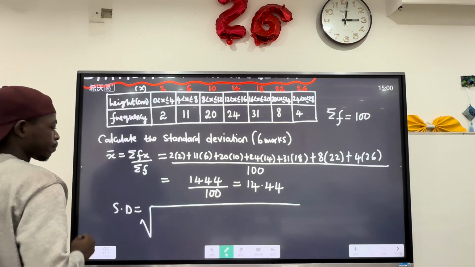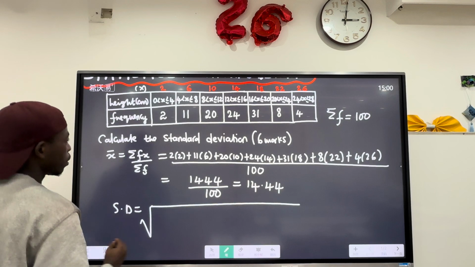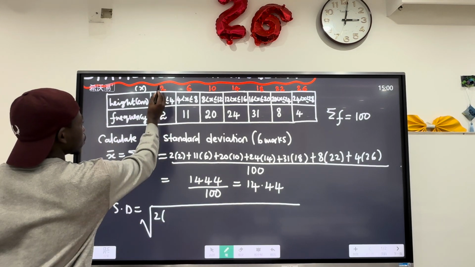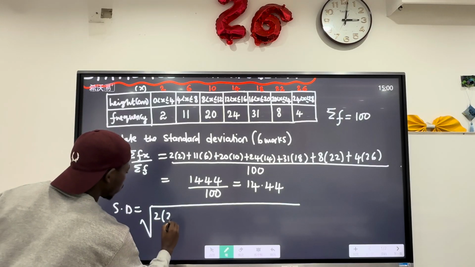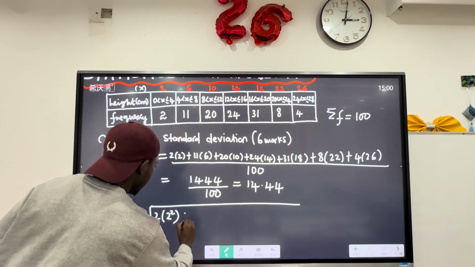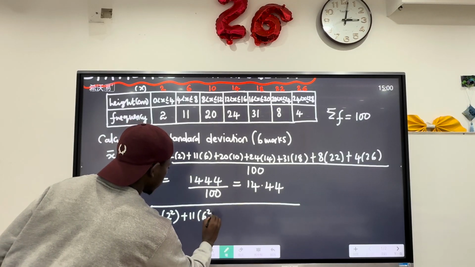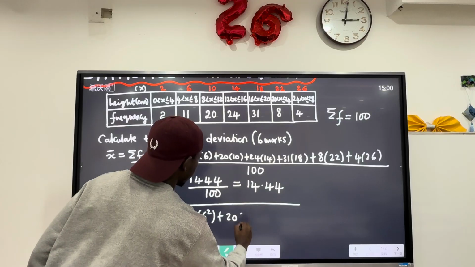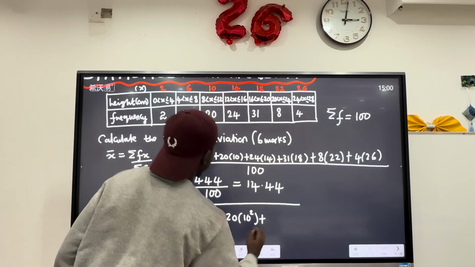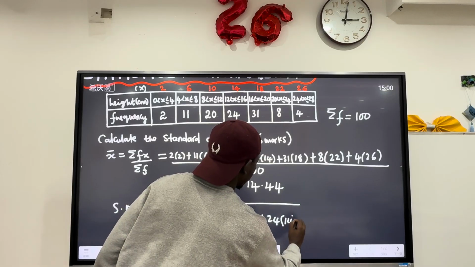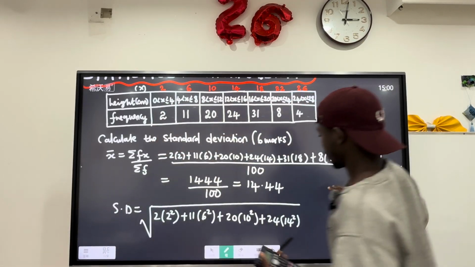So I'm going to start. 2 multiplies 2 squared. Then you add throughout: plus 11 times 6 squared, plus 20 times 10 squared, plus 24 times 14 squared.